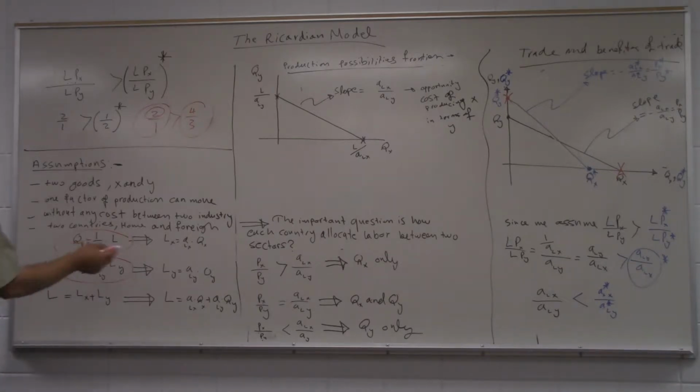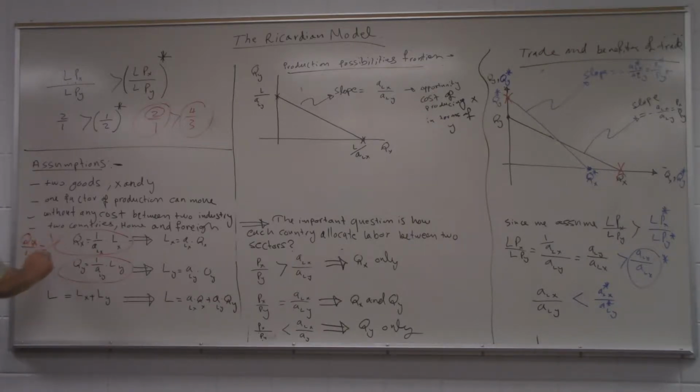The labor productivity in producing good X is defined as the quantity of good produced in the good X industry over the labor used in this industry.